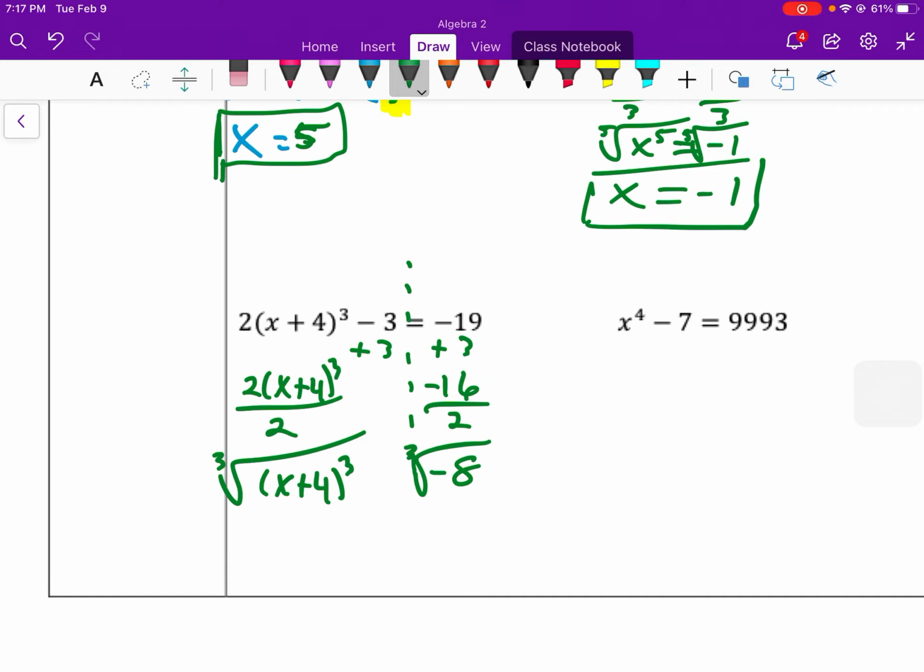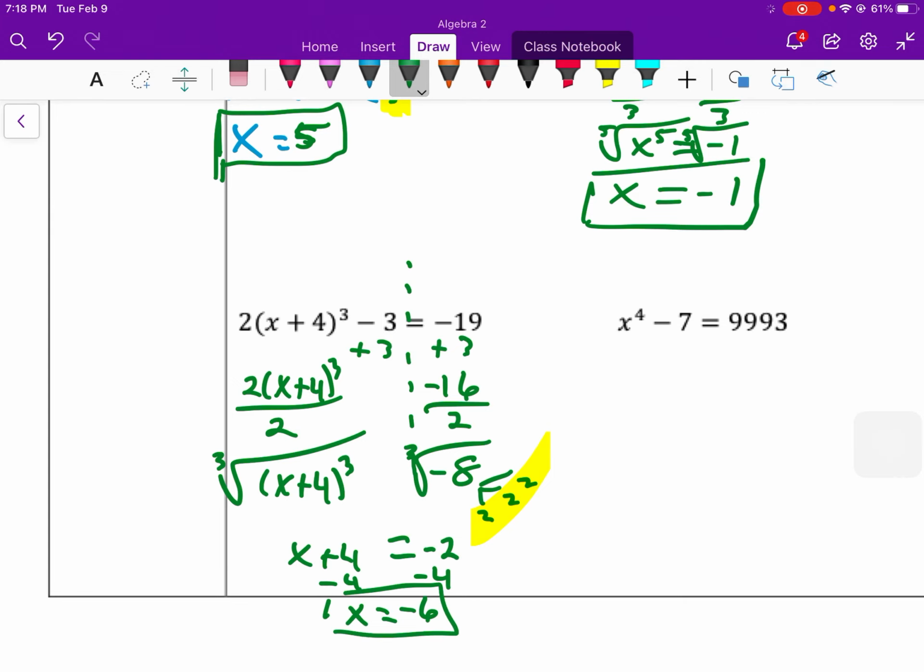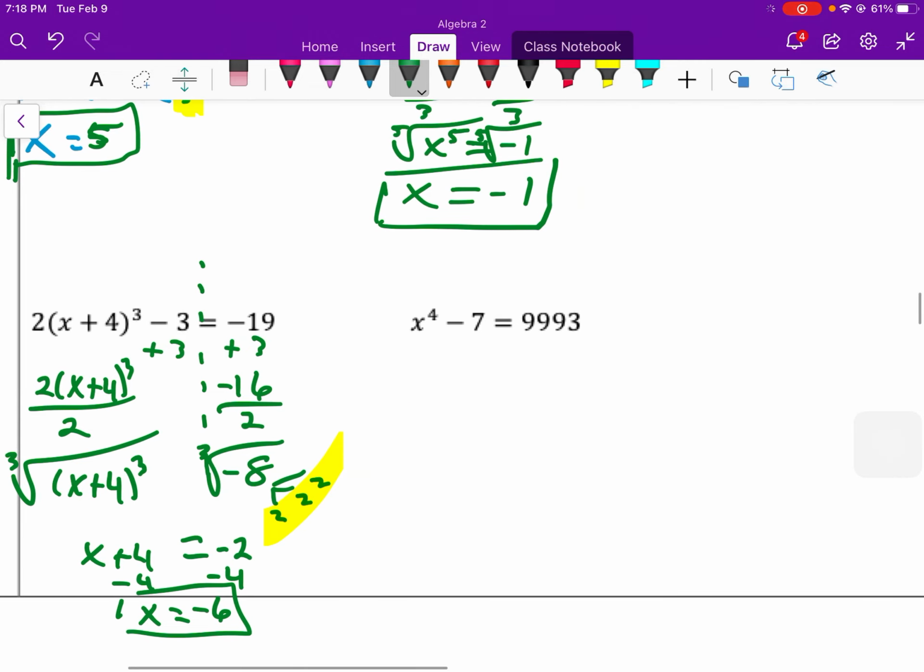And we have to take the cubed root of negative 8. So then we have x plus 4 equals, well, here we would have 3 factors of 2. And it's negative and odd, so then we would keep that negative 2. So whoops, got ahead of myself. Subtract 4 from both sides, x equals negative 6.